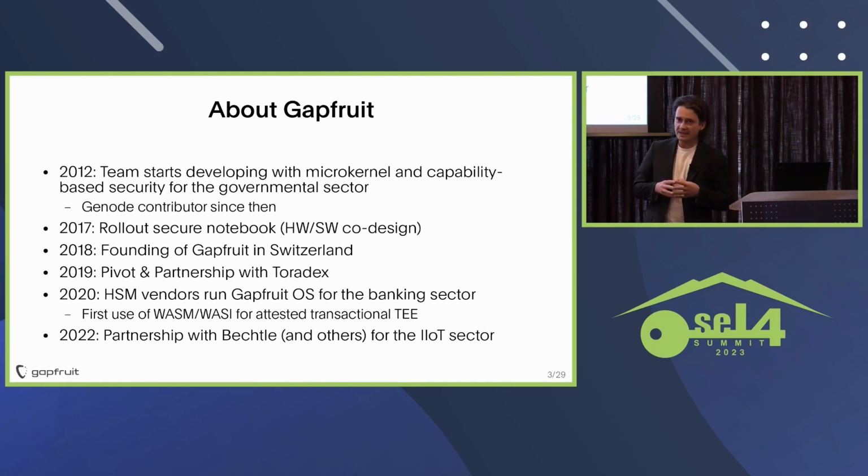In early 2018, I co-founded Gapfruit to bring the benefits of capability-based security to the business market. So with our first partner, we built an early version of Gapfruit OS with seL4 on their i.MX6 system on modules. Since then, we now run on HSMs, and we're now targeting the industrial IoT market with partners such as Bechtle.